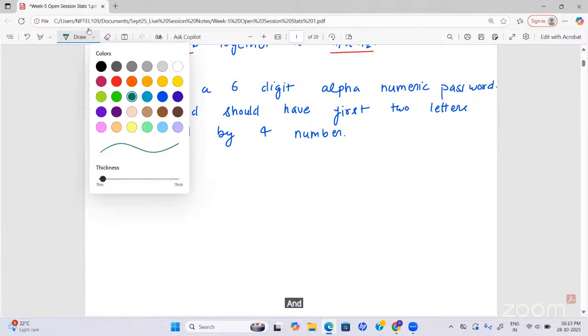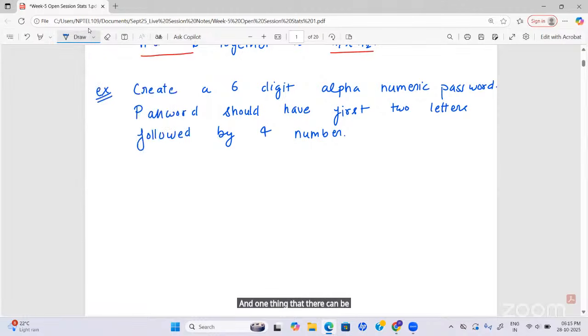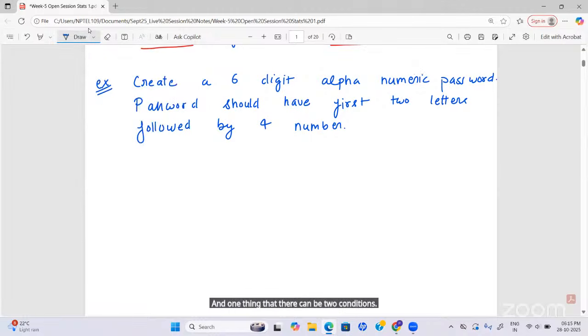And there can be two conditions: whether we have to repeat the elements or not. We will see in both the conditions how we can do this question.